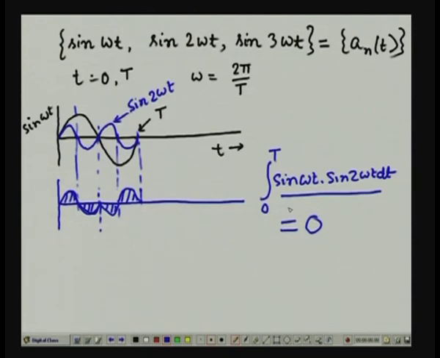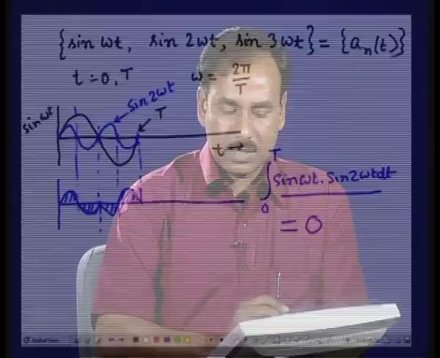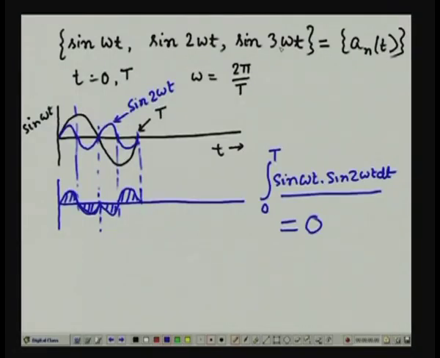Similar is the case if I multiply sin omega t with sin 3 omega t and take the integration, and also if I multiply sin twice omega t with sin 3 omega t. So, this particular set, that is sin omega t, sin twice omega t and sin 3 omega t, is a set of orthogonal basis functions.